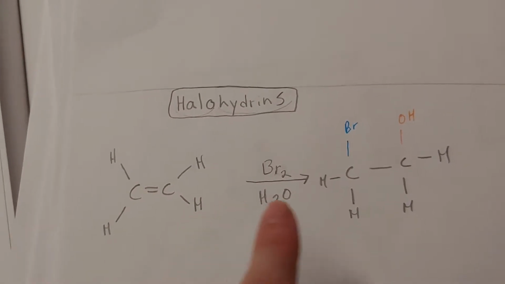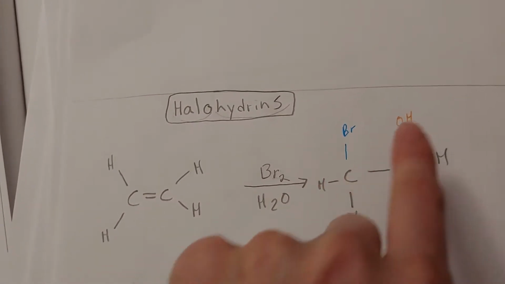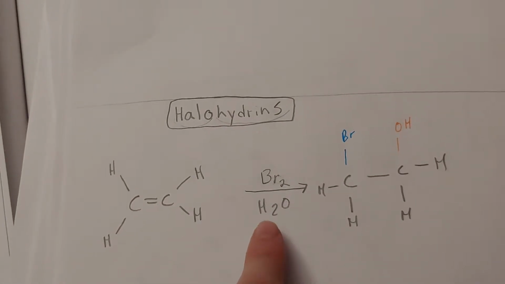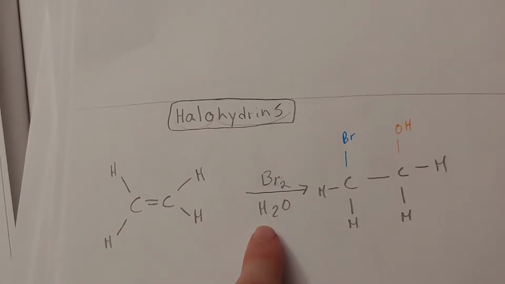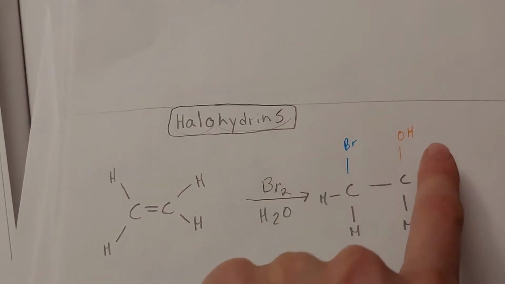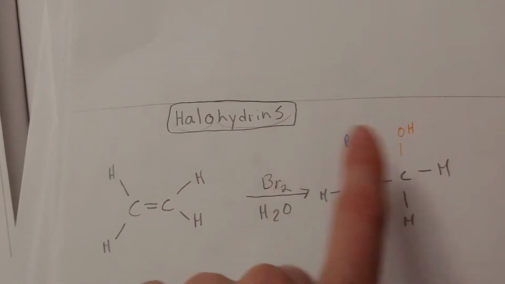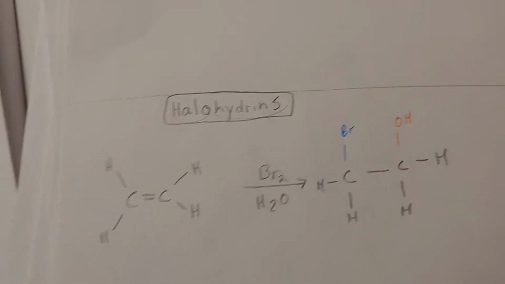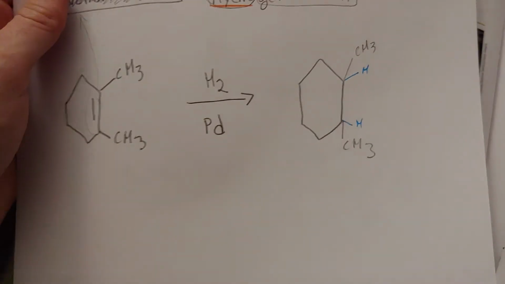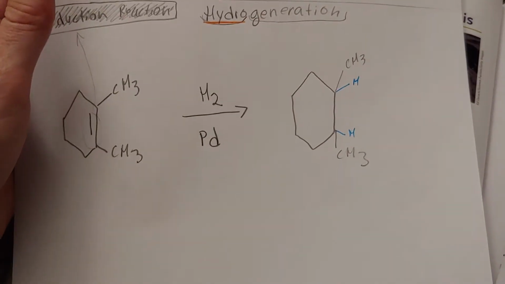So we're going to add a Br and an OH. Halohydrins. The only one that I think is really going to trip you up because it's doing the same thing is over here. It's two of a kind. So there you have it.